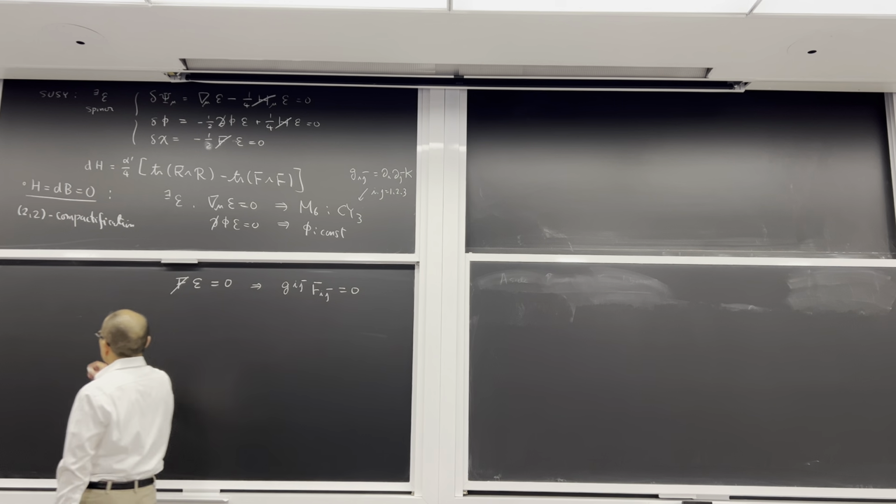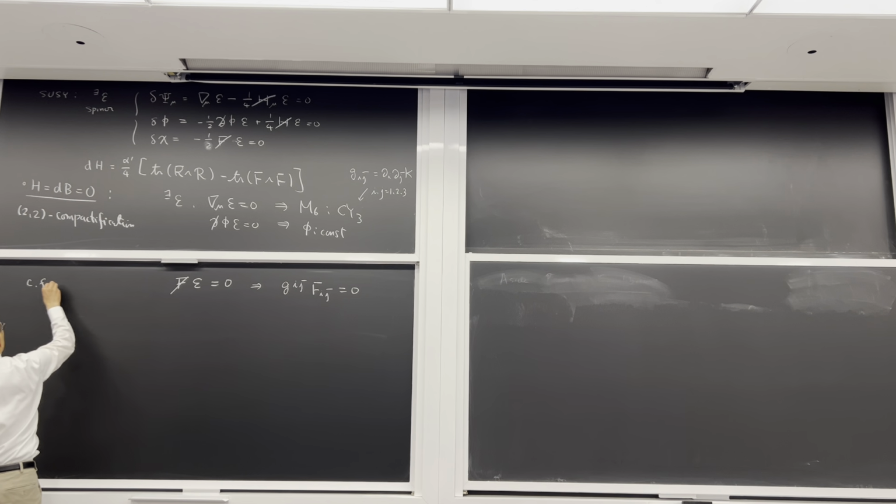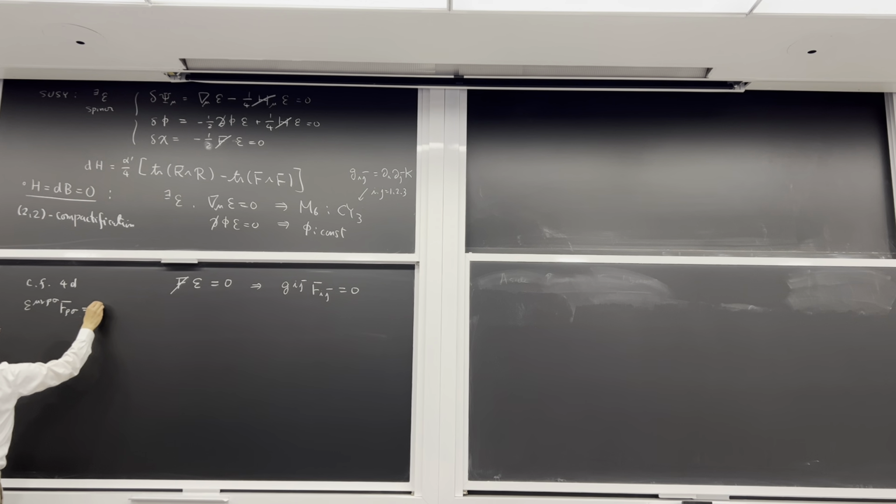So in 4 dimensions, we have this famous self-dual equation for the gauge field, F_mu nu equals plus or minus one half epsilon F. So I think we might need 1/2 here.